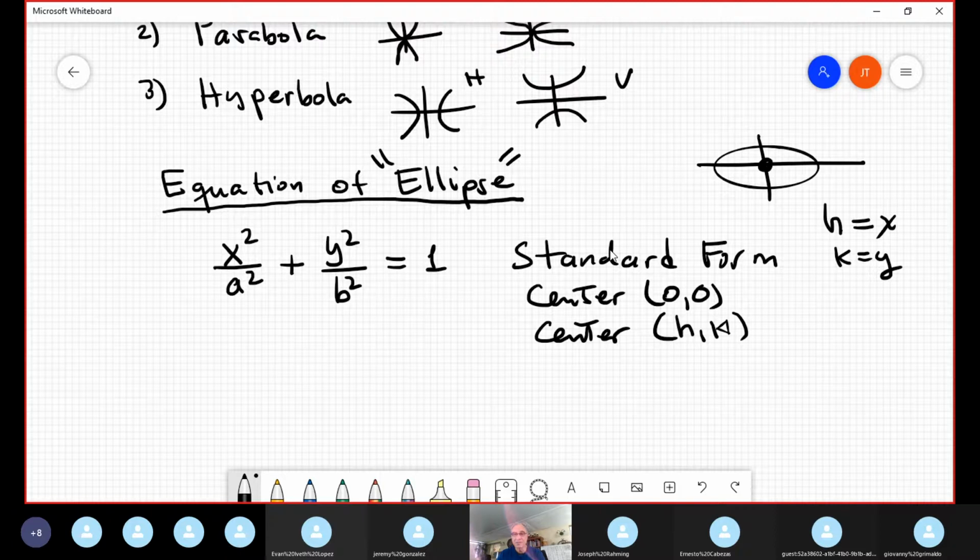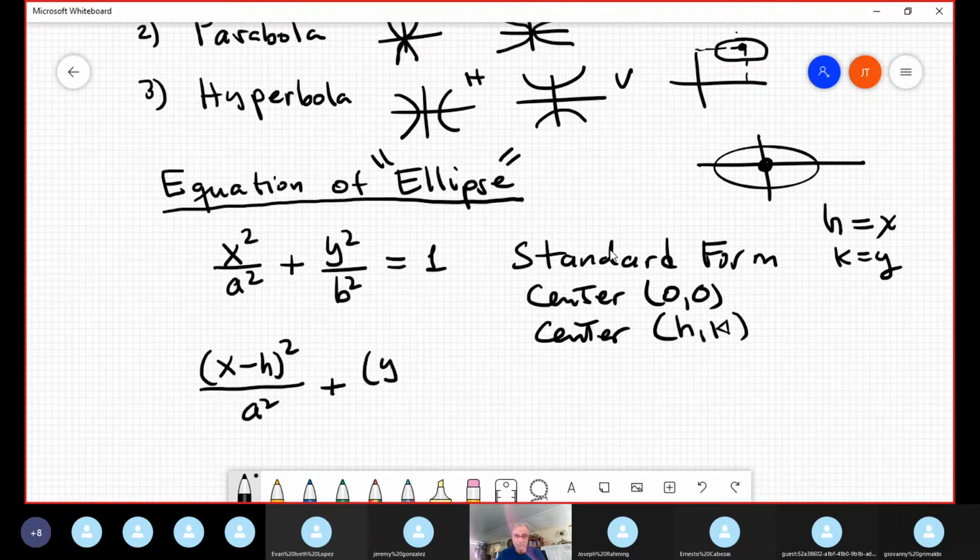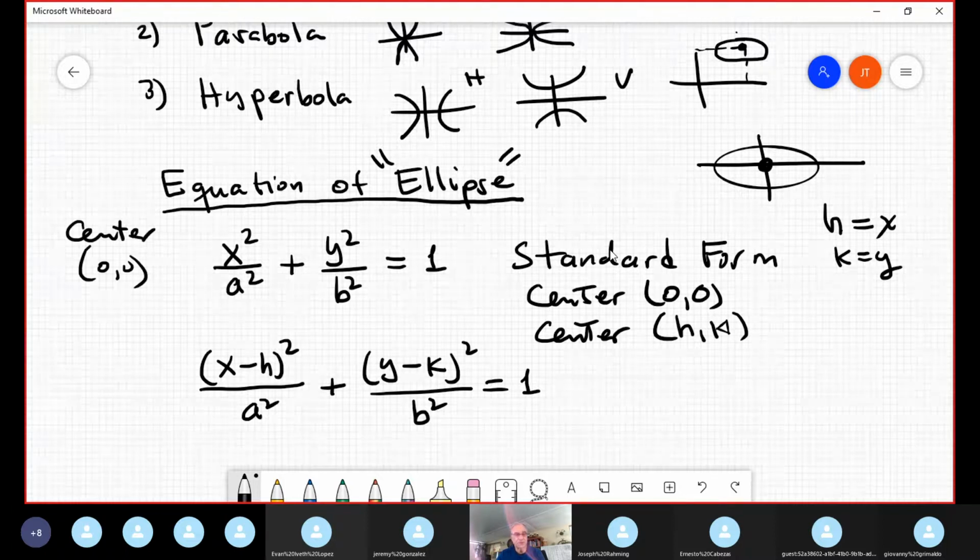So when you have some translation like that, and the center of the ellipse is another point, not 0,0, the equation changes a little bit like that: (x minus h) squared over a squared plus (y minus k) squared over b squared equals 1. Okay, this is when the center is 0,0. And when the center is not 0,0, it's h,k.